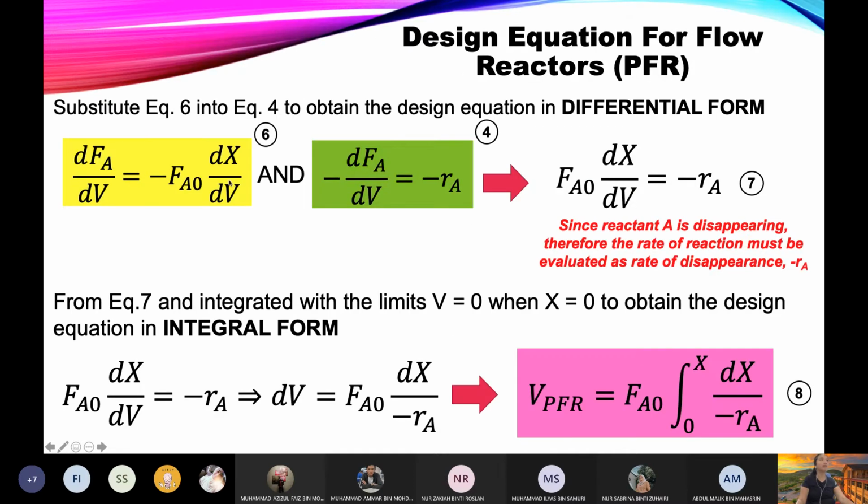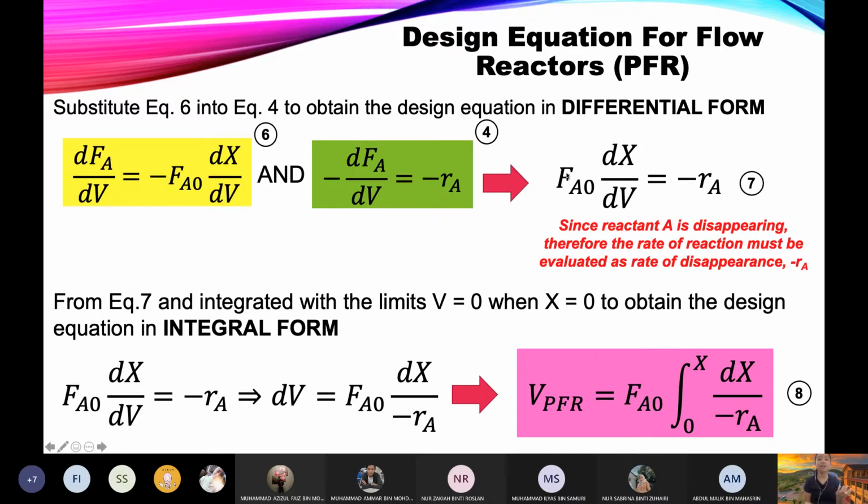So it combines 4 and 6, and again the minus RA, RA tu kena jadi minus. So kita akan pindahkan the negative sign to the other side so that I get in terms of minus RA. So now become FA naught dx per dV equals to minus RA.